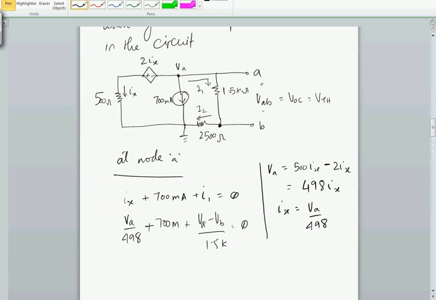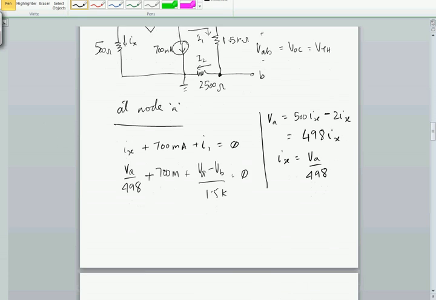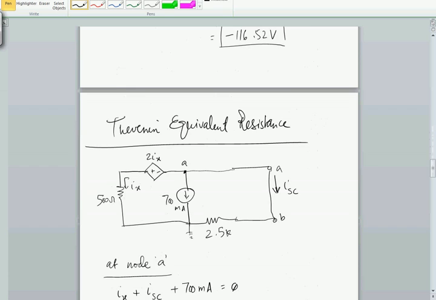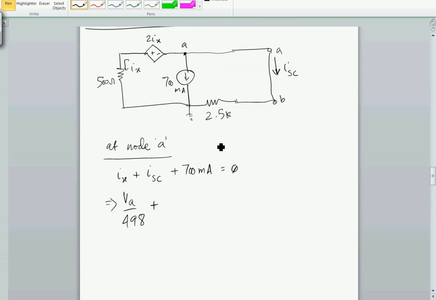Right here. Ix is VA over 498. I short circuit is VA over 2.5K, VA over 2500, plus 700 milli is equal to 0.